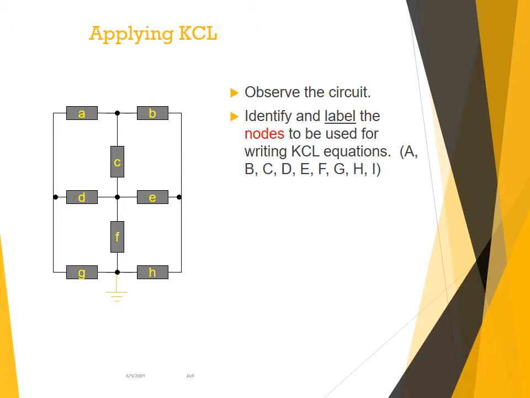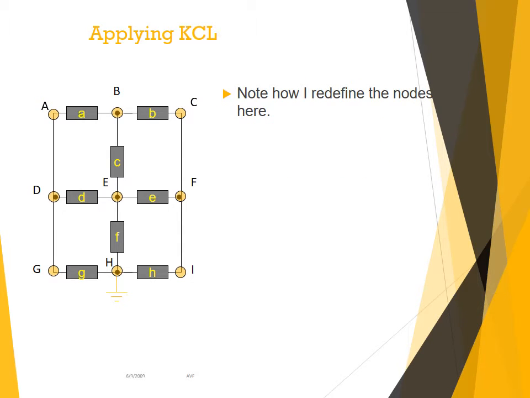So first you have to observe the circuit, and then identify and label the nodes that you're going to use to write the KCL. So you have to identify all of the nodes in the circuit. If you're a novice, you might identify the nodes as A, B, C, D, E, F, G, H, and I. But if you observe your circuit a little more closely, node A, in fact, is this whole section of line here.